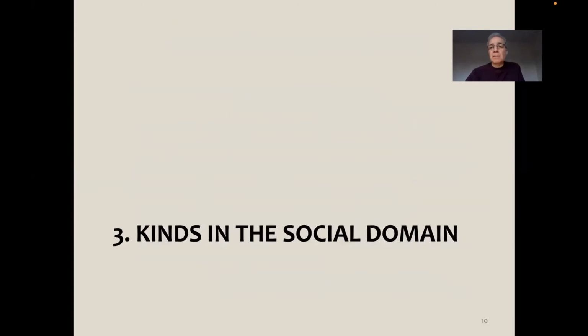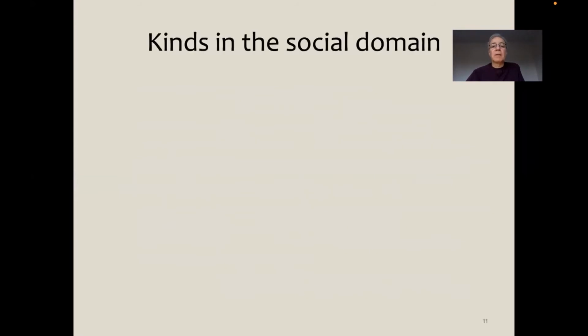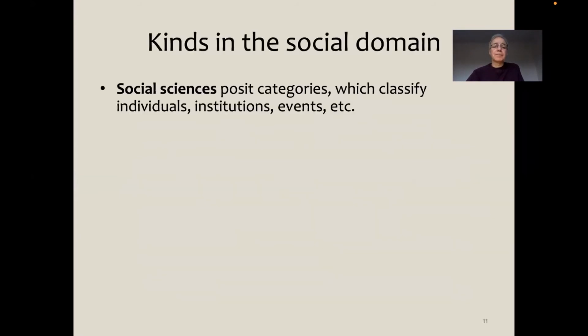Now, what does this mean for the social domain? So much for natural kinds. What about natural kinds in the social domain? Well, kinds in the social domain, I think, have some of the same features, because the social sciences also try to come up with classification schemes.